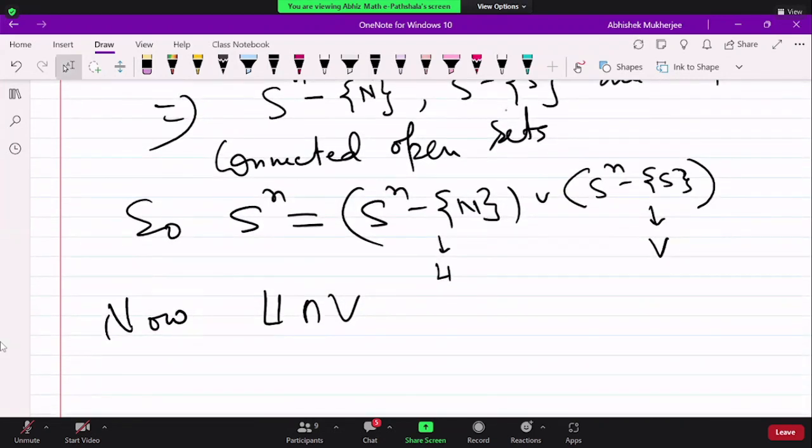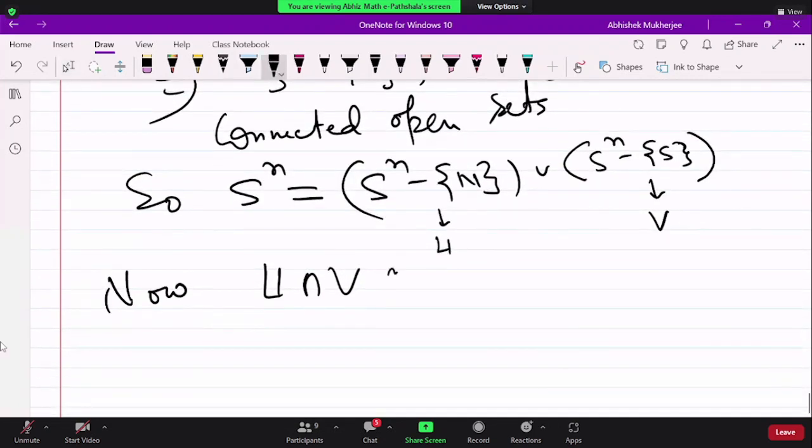This will be homeomorphic to what? R^n minus some point corresponding to that South Pole, let us call it x_S.